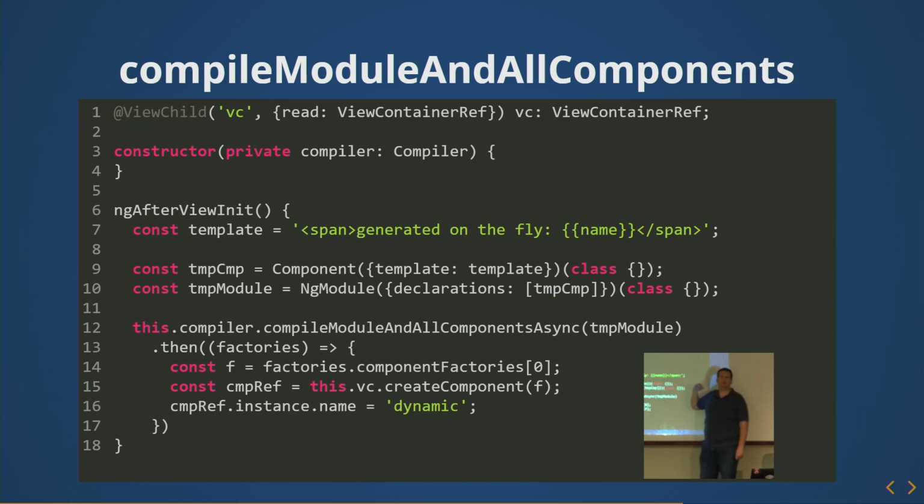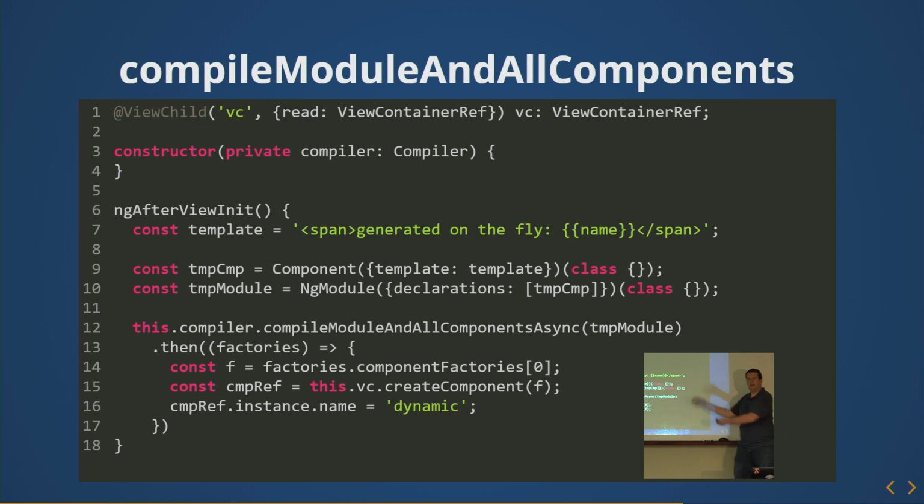This could have just been the result of calling subscribe on an observable or then on a promise to get this data. But given that data, create a component out of it, create a module out of it, use Angular's compiler to compile it into a module, and then extract out the pieces to create our component, and then we're attaching it to a particular view container. And you can see @ViewChild is the easiest way to get a hold of one of those.